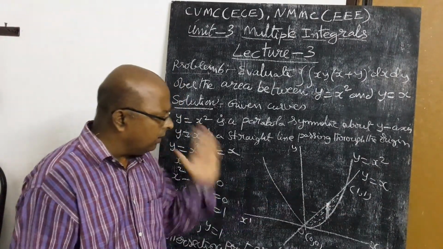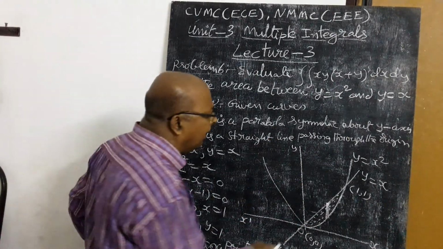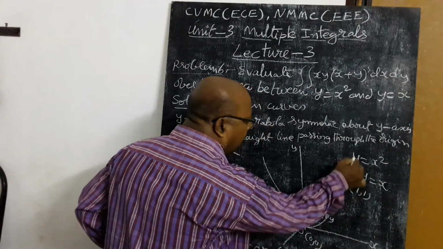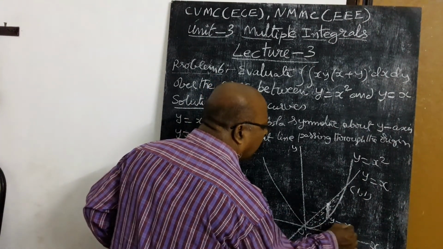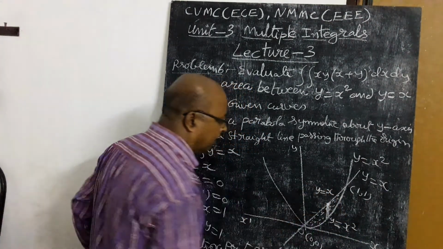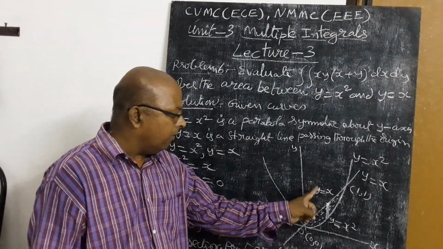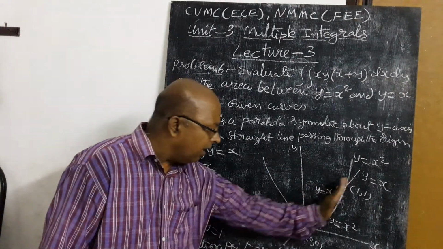Suppose we consider an elementary strip parallel to the y axis. Here, what is the y value? This is the parabola equation, so y is equal to x square. Here y is equal to x. So the y limits are y is equal to x square and y is equal to x.